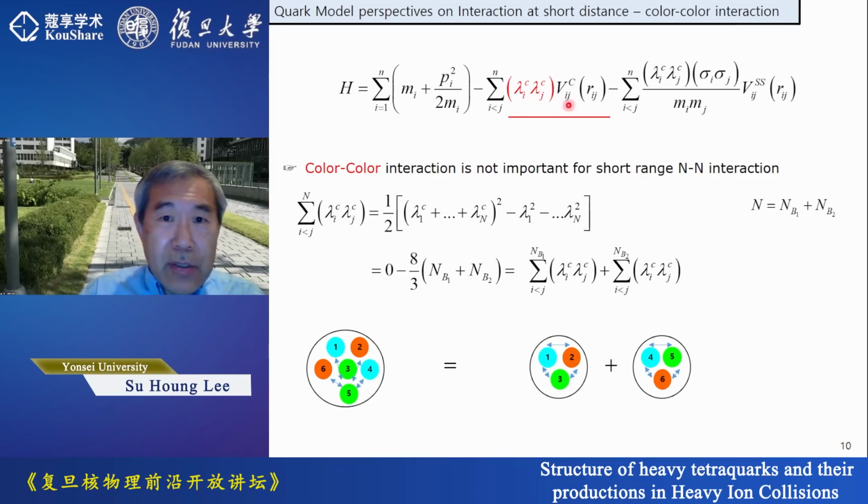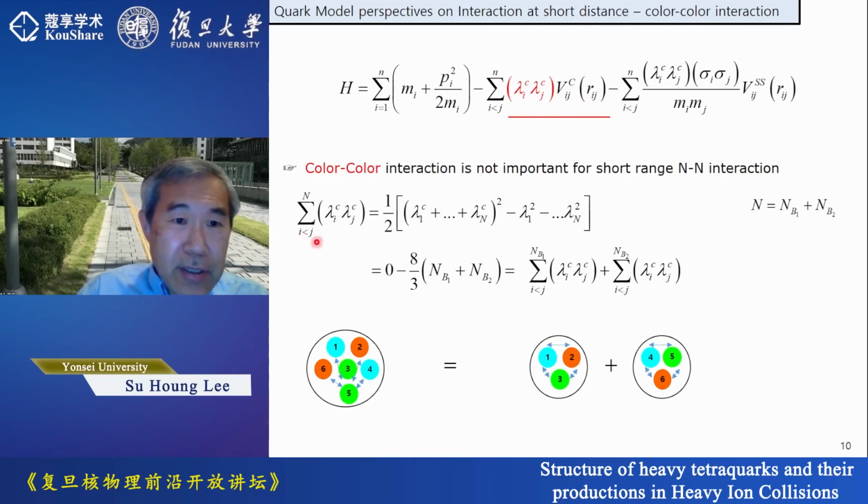But suppose all of the quarks have similar masses and therefore occupy similar spatial sizes. Then the relative distance between any two quark pair should be similar. So therefore, this would be a universal function, independent of the relative distance between different flavors, different quarks. So what is really important is whether you have an attraction or not, which really depends on the summation of this color factor, assuming this is universal.